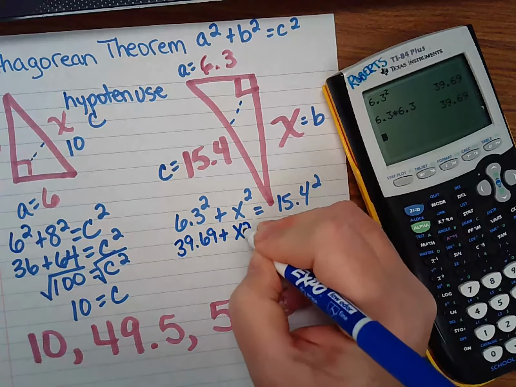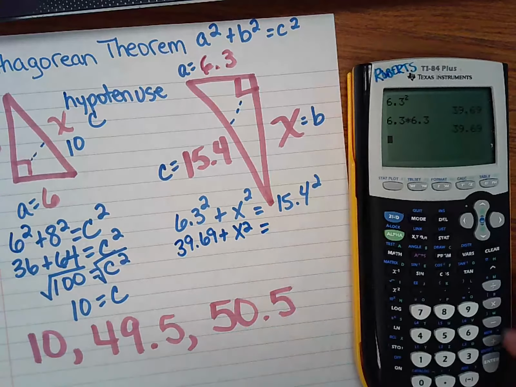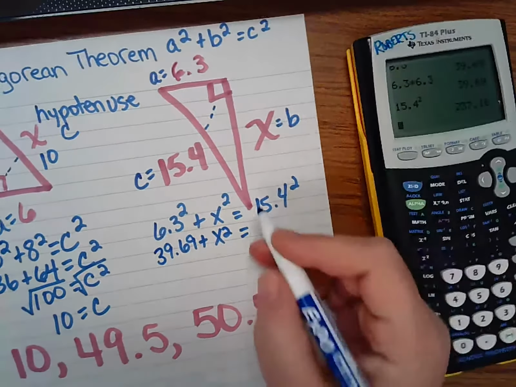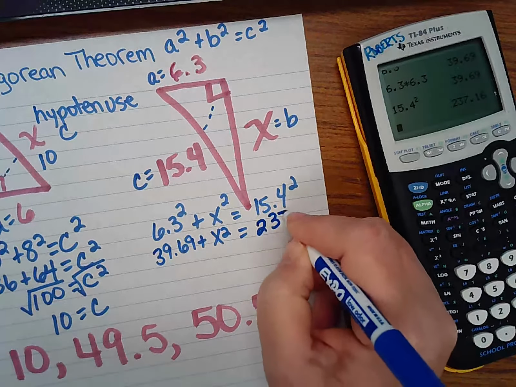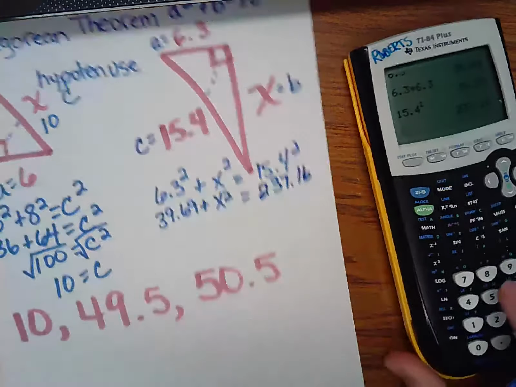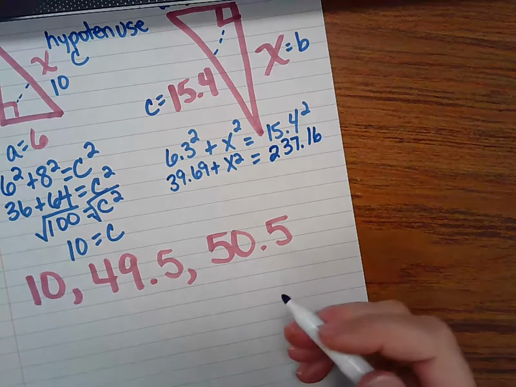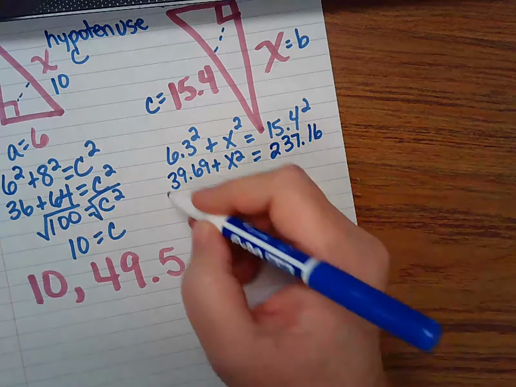plus x squared equals, now what is 15.4 squared? 15.4 squared is 237.16. All right, now just like in any other problem where I'm solving for x, I need to get it by itself.